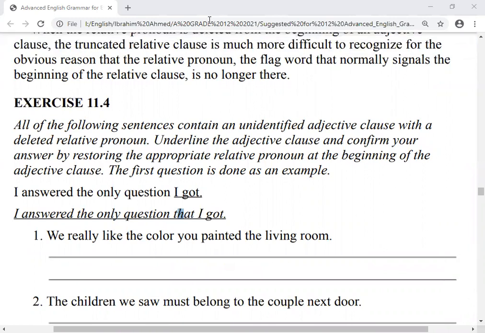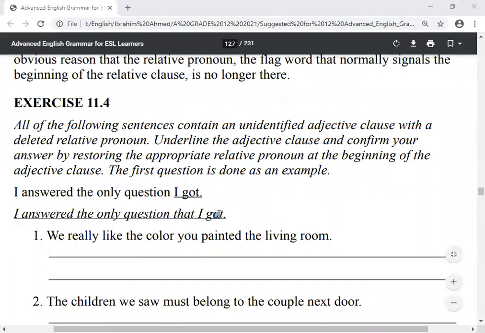Can you do it? Can you do number 1? Can you hear me? Are you above ground?